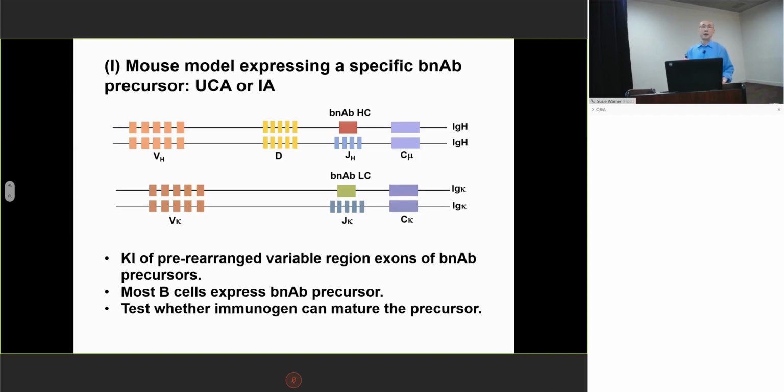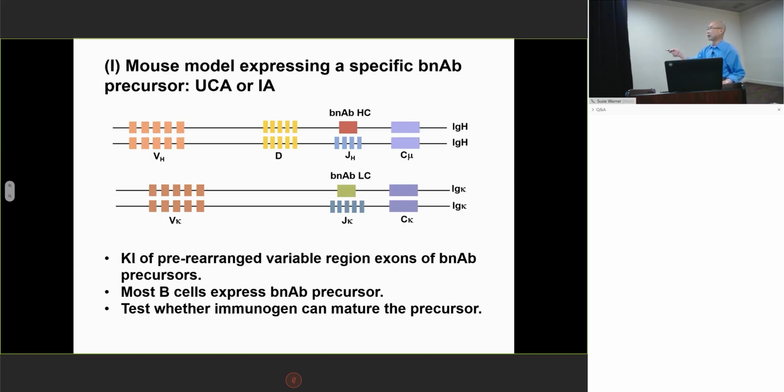Generally, I categorize mouse models into two types, and I'll discuss the pros and cons of testing immunogens. The first type is pretty simple. Based on, let's say, longitudinal studies, you know a particular bnAb lineage comes from an unmutated common ancestor and goes through various intermediates.